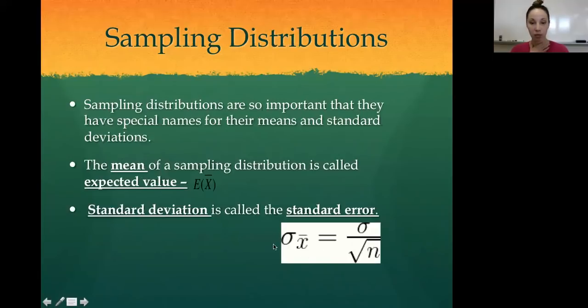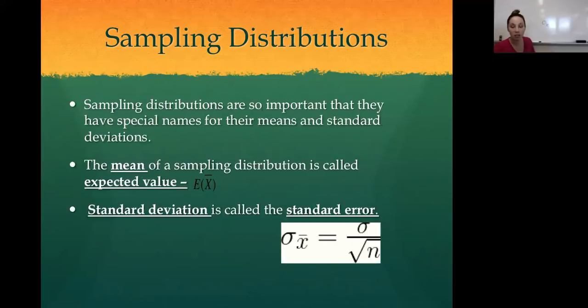So here's the symbol for standard error. It's our lowercase sigma with a subscript of x bar. So you can also write it like this. So that is our standard error term.